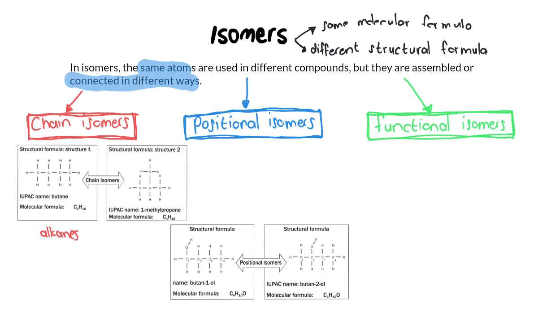So this is actually a quick way to check if you drew the correct positional isomer: if the name of the organic molecule they gave you and the isomer that you drew is the same, then you know it's not an isomer, it's actually the same molecule. You just drew it differently, reflected or something like that. Okay. And these normally occur with something that has a distinct functional group that can change positions.